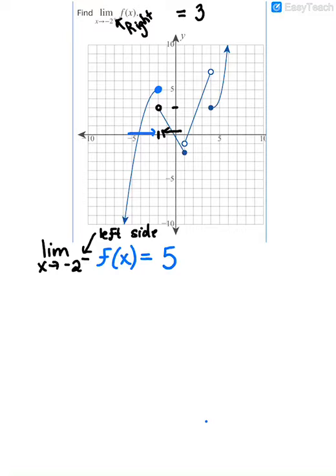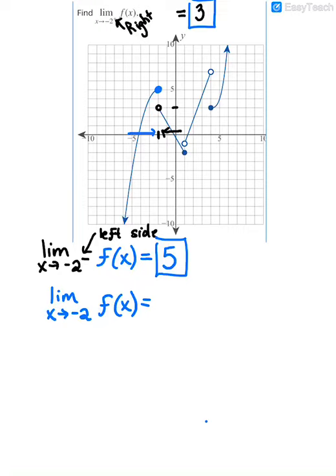Now, anytime those limits are not the same, so if we want to look at the overall limit as x approaches negative 2 of the function f of x in this graph, you approach from the right side and have one answer, which was 3, and then from the left side you have a different answer, then the overall limit does not exist. You've got to be able to meet at the same y value from both sides for a limit to exist.